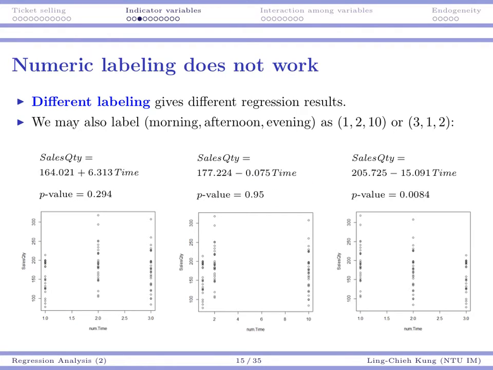But if we relabel them as 3, 1, 2, okay, we move this column to the left, and then we can see a downward trend, right? A downward trend, and obviously that's not making sense, because we have one set of data, and if we choose different ways to label the data, the result would be different.